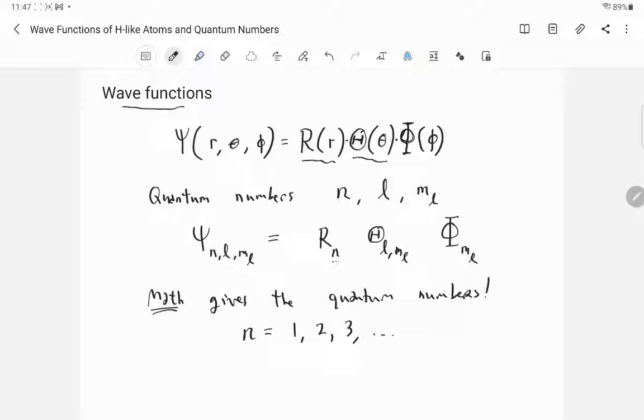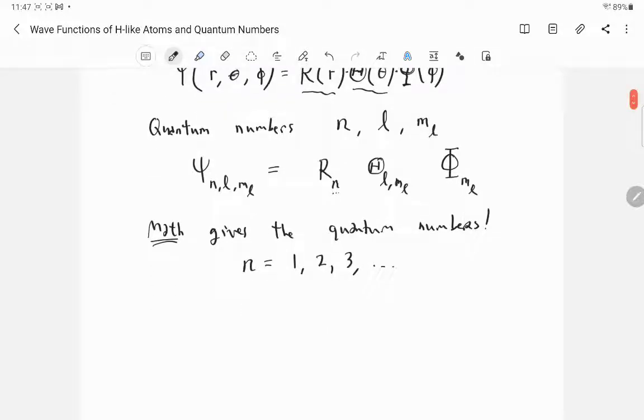The math gives us the restriction that the label n is an integer. Another quantum number is L. L can only have the values from 0 up to n minus 1. That is, the choices you have for L depend on your choice of n.